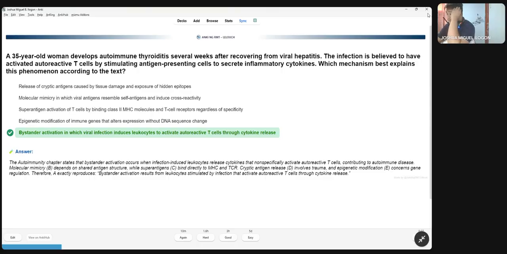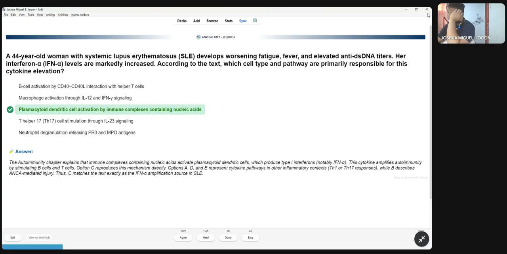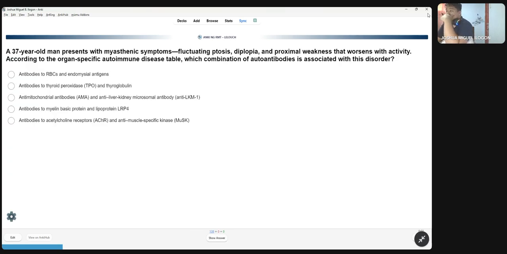Oh, no. Bystander activation. Worsening fatigue, that's your plasmacytoid dendritic cell anti-inflammation. Organ specific, autoimmune disease stable.